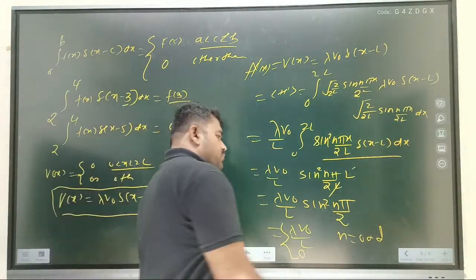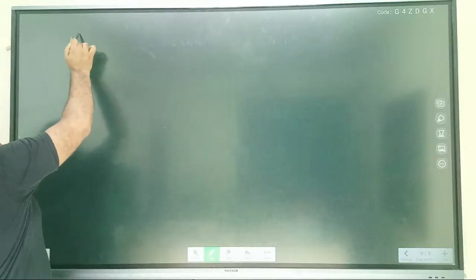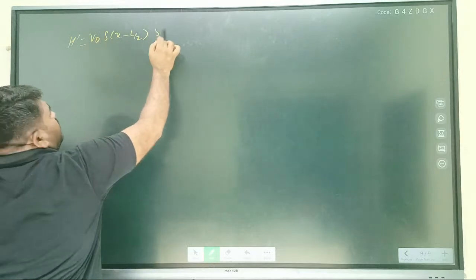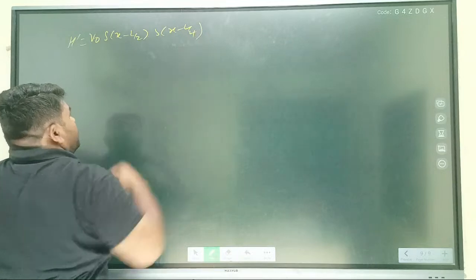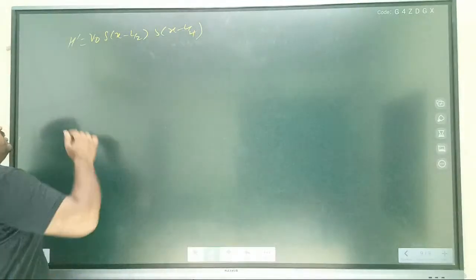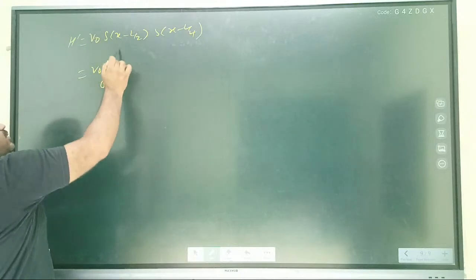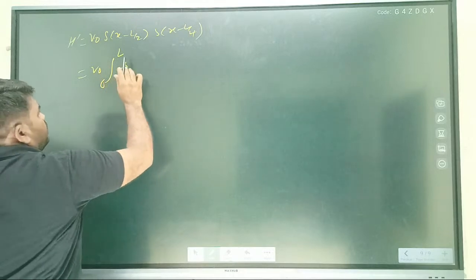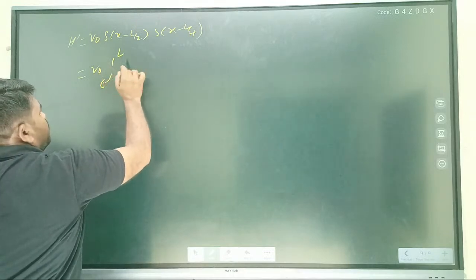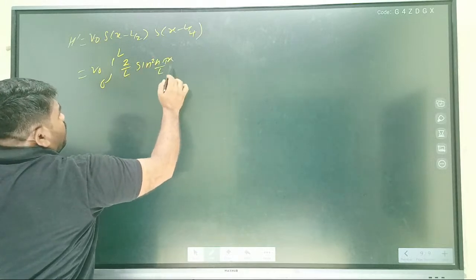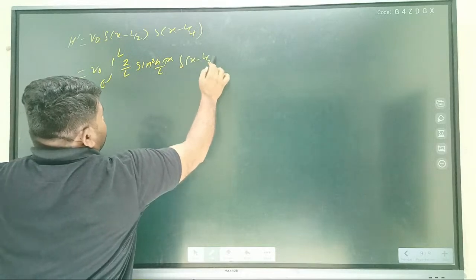Clear? Now see, suppose the system is 2D, and the perturbed potential H prime is equal to, suppose they are given, lambda delta x minus L by 2 delta x minus L by 4. Now suppose the system is 2D, then v naught we can take outside, 0 to L, sin square, root 2 upon L or 2 upon L into sin square n pi x upon L into delta x minus L by 2 into dx.